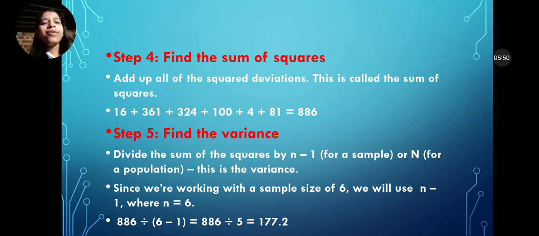Since we are working with a sample size of 6, we will use n minus 1. Here n is equal to 6, so 886 divided by 6 minus 1, which means 886 divided by 5, and we get an answer of 177.2.